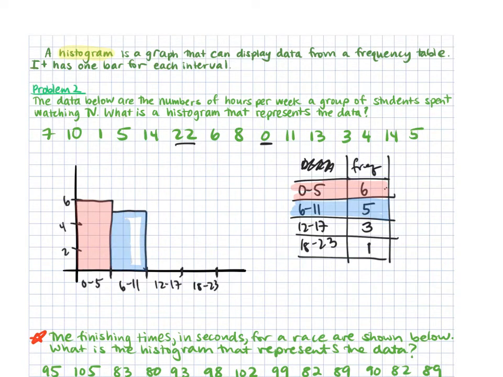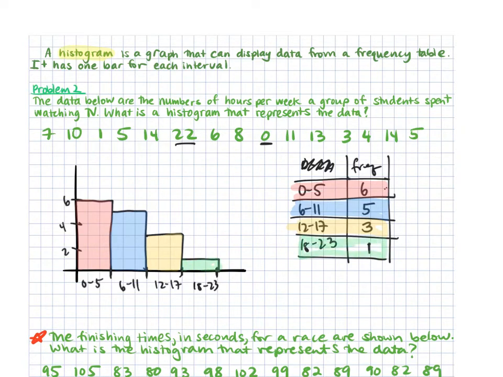So it's kind of a visual of the frequency table. And let's make this one yellow. There's only 3 in this interval. So that goes there. And then this one's going to only have 1. And then we can color code it just because it looks better if it's color coded. And then there we go.